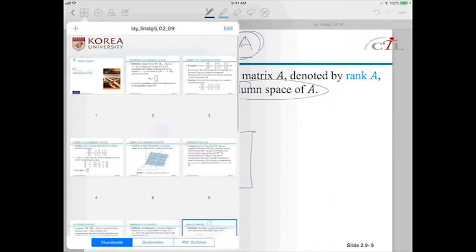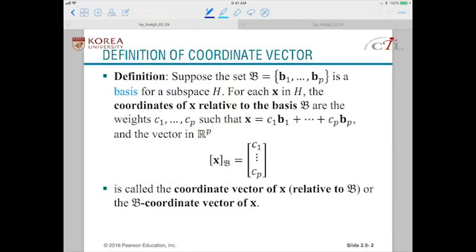And then back to the first slide in this chapter. We study the notion of coordinates in this chapter. Okay, so coordinates of an x relative to the basis beta.